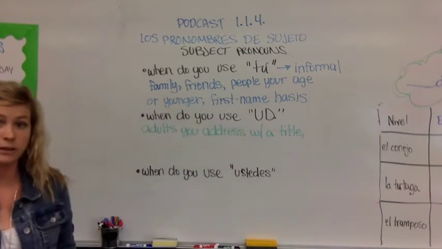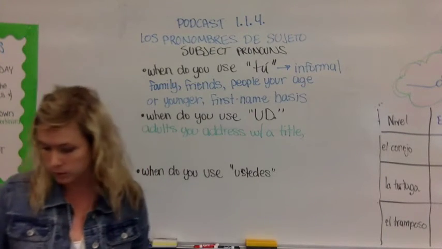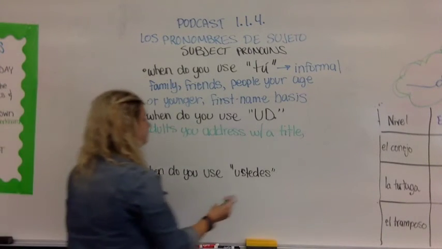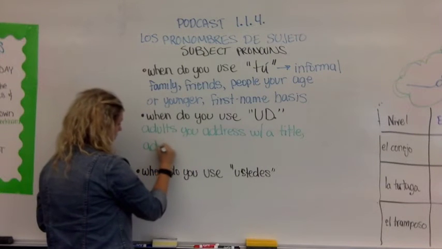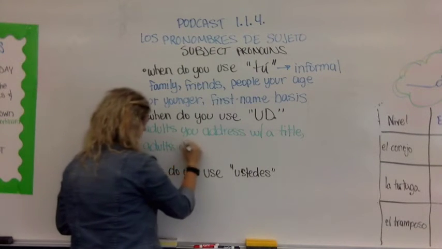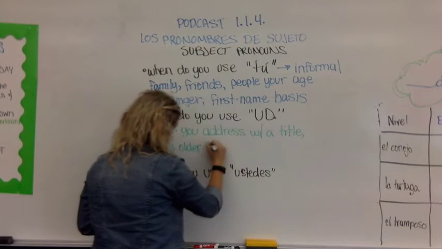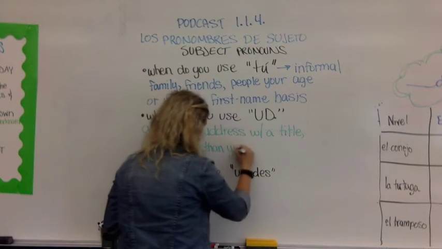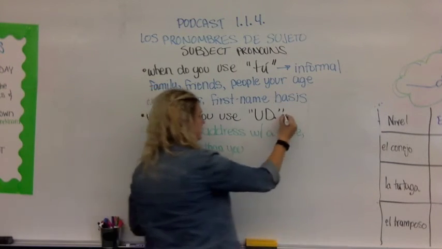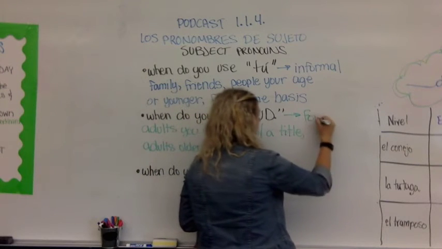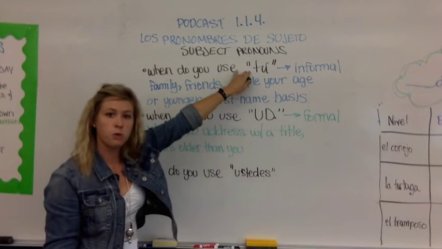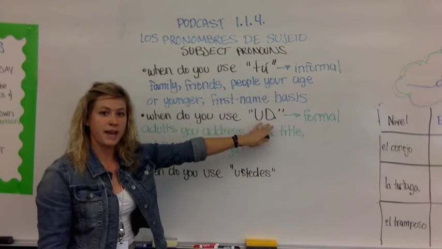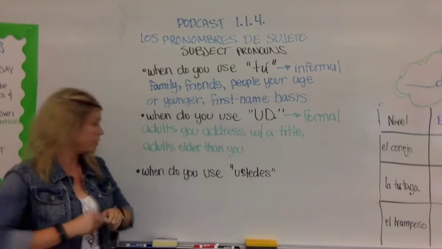Anyone you use a title like Mr. or Mrs. with is usted. This is basically adults older than you. We kind of generalize usted as then being the formal you. So tú is the informal way to say you. Usted is the formal way to say you.